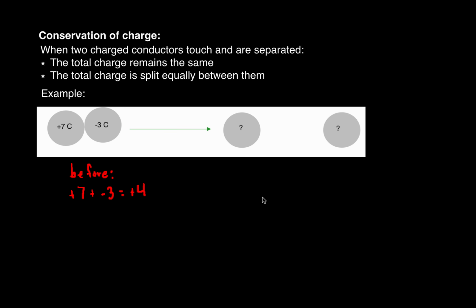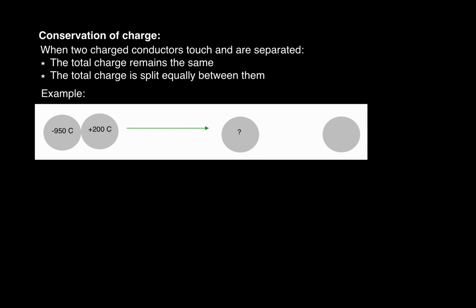Now afterwards, the total charge remains the same, but it's divided equally between them. So the two conductors after have equal charge equal to the same total that was there before.